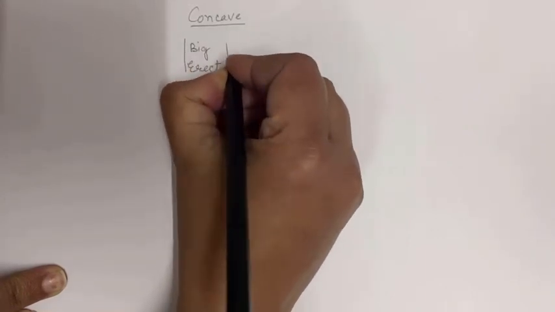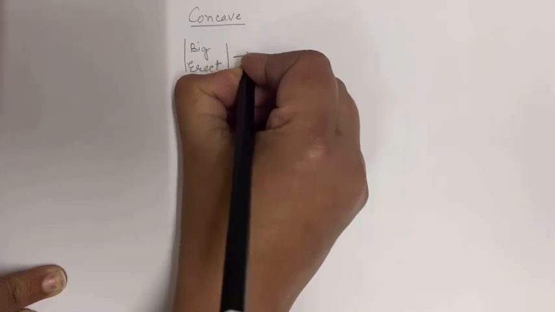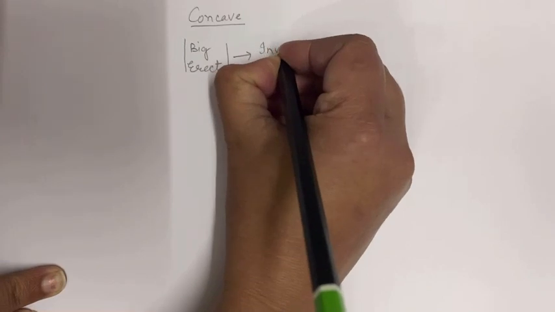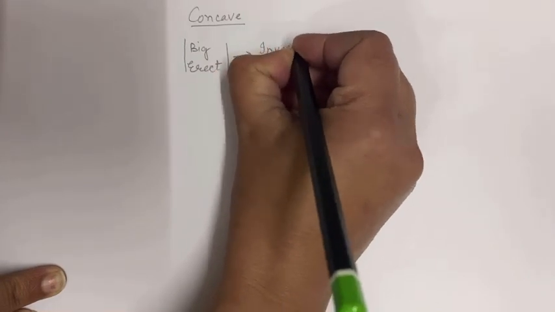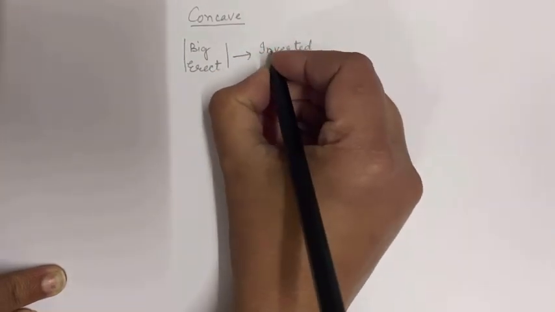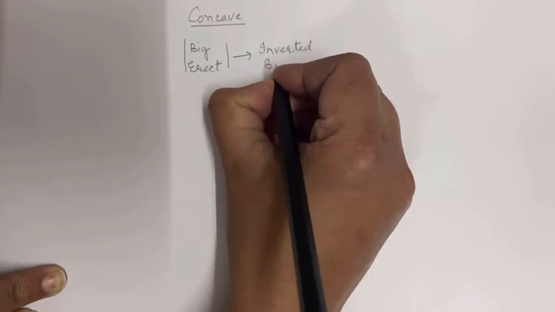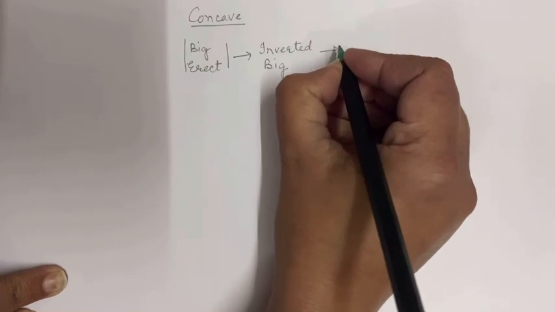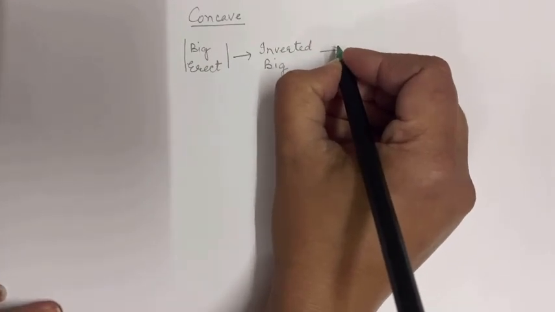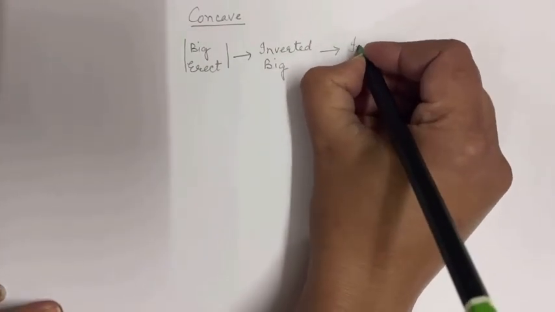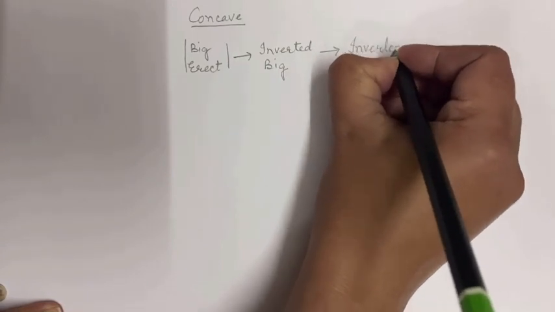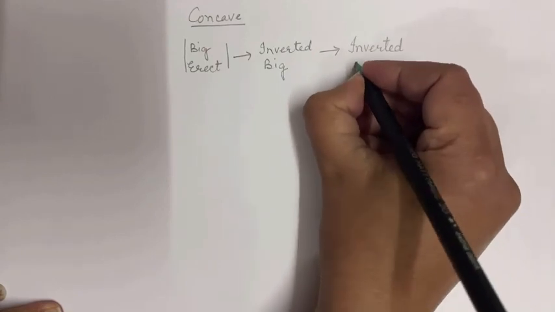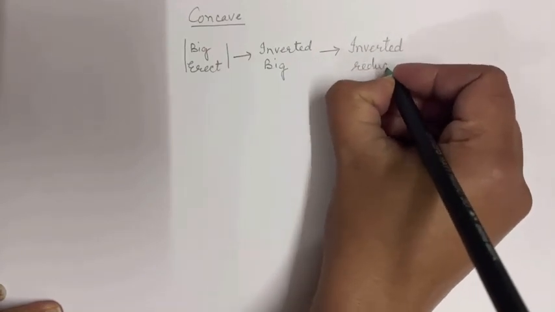If you keep on increasing the distance, you will find that your image has started inverting and the size of the image is big. When you further increase the distance, you will find that the image is still inverted, but now the size has reduced, or we can say diminished.